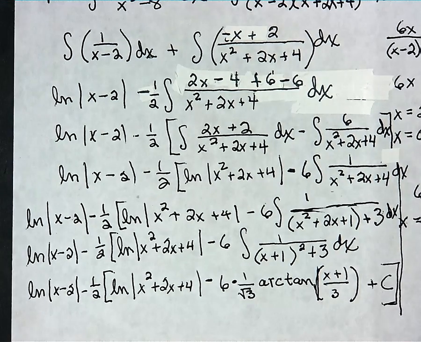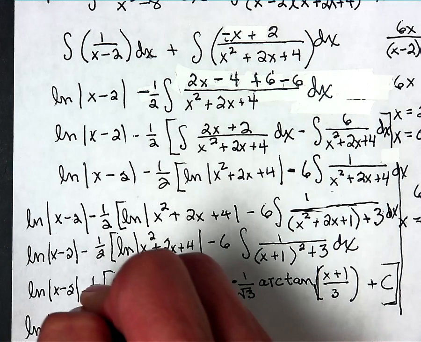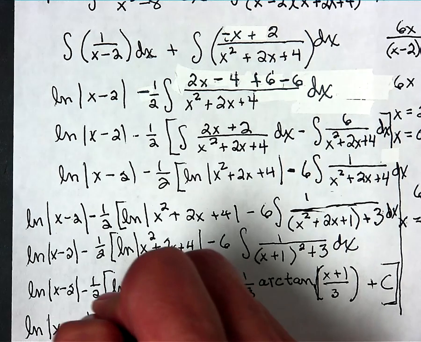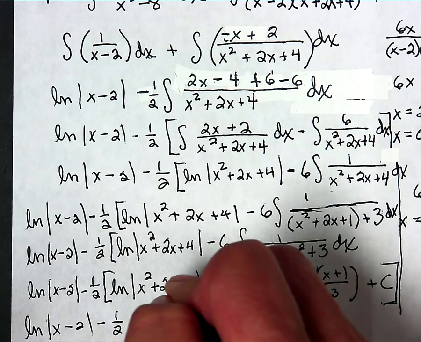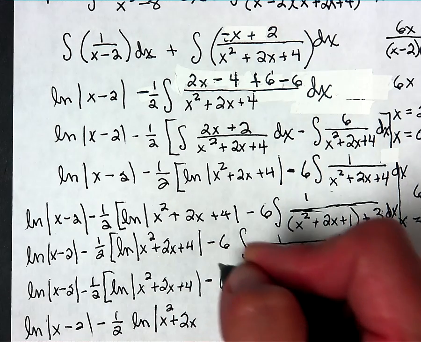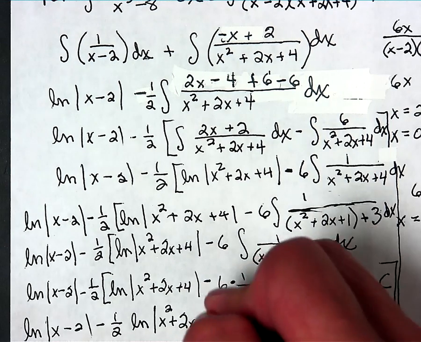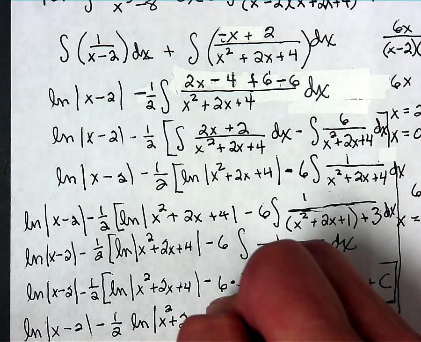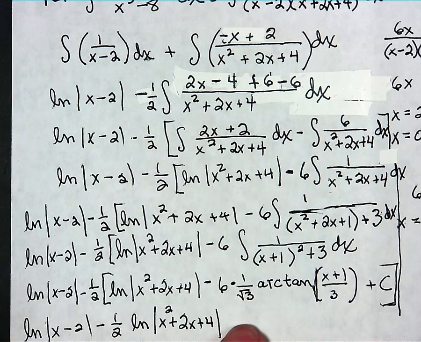Frankly, I don't care. You can distribute the 1/2. I think the most I would do, I'm not going to put those logarithms back together unless I have to solve an equation, but I'm going to write it as this. I'm going to distribute the negative 1/2. And I'm going to say negative 1/2 times negative 6 is positive 3.